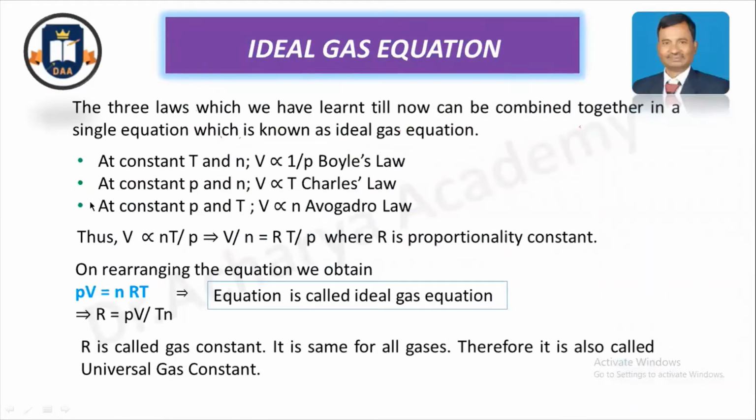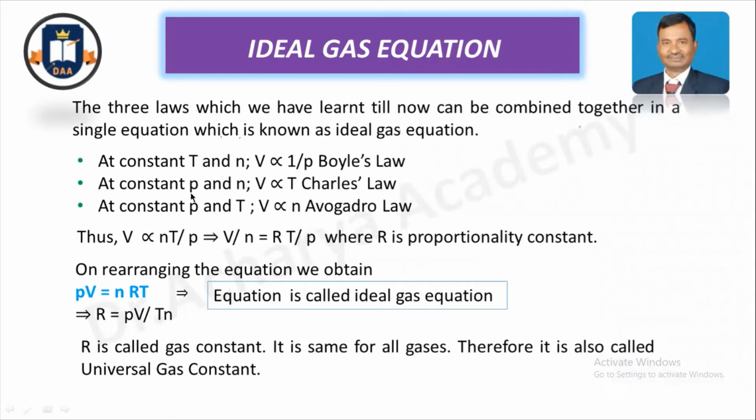In the previous class, I discussed Boyle's law, Charles' law, and Avogadro's law. Boyle's law: at constant temperature and number of moles, the volume is proportional to 1 by P, that is pressure.